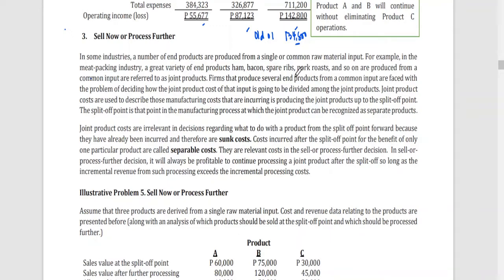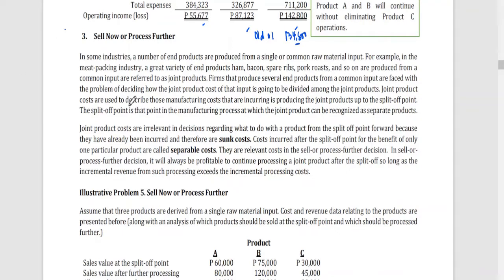Pero katong gigasto para sa pag-process adtong raw meat, unsaon man to siya pagbahin? Okay? Nga lahi-lahi naman tong nahimong products in the end. Dili man siya nga from meat, bacon ra gyud ang naproduce. So, katong cost sa pag-process adto nga meat adto ra gyud siya padung sa bacon. Pero what if daghan ang nagama nga products?